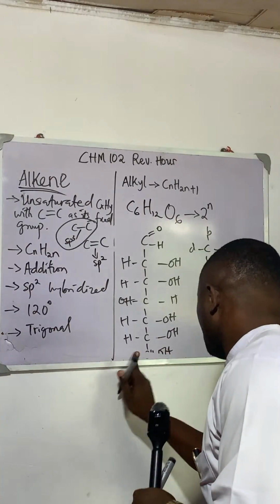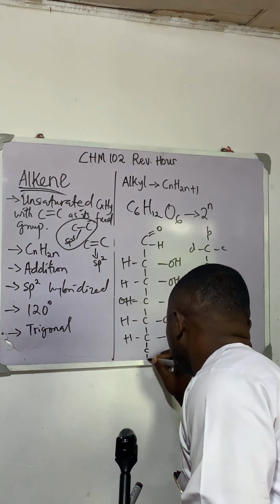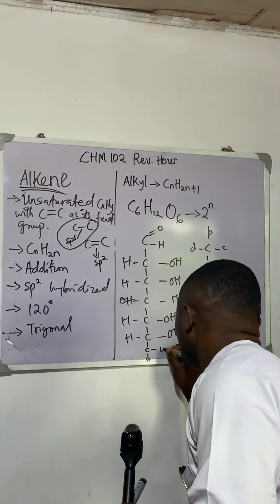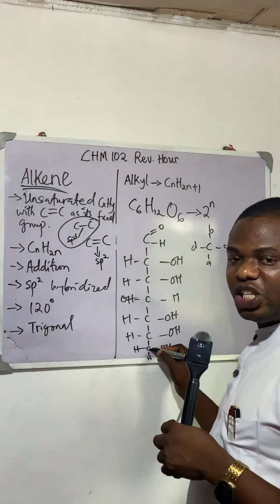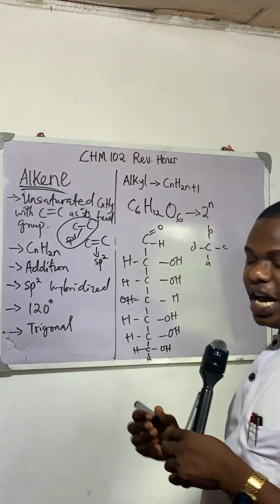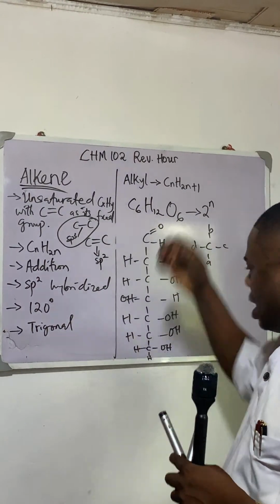See, this is hydrogen and here is OH, and here is hydrogen. This cannot be a chiral center because the hydrogens are the same. The only things that differ are OH and the whole of this compound.